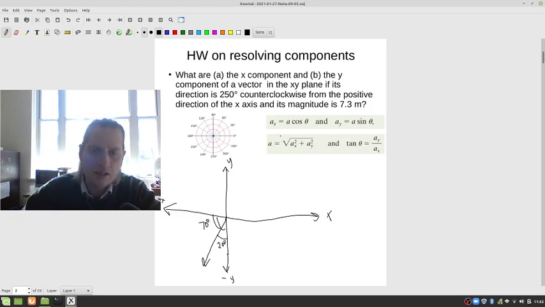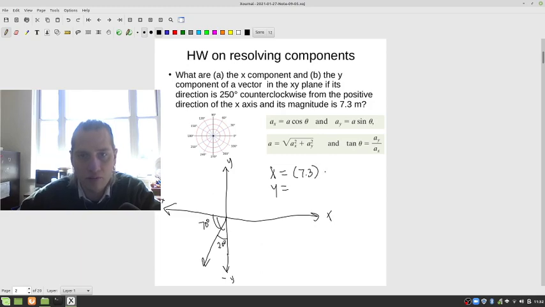Well, as I told you last time, if you want to do this, you can simply write out your components. So my x direction and my y direction would just be 7.3 times cosine of 250 and 7.3 times sine of 250.